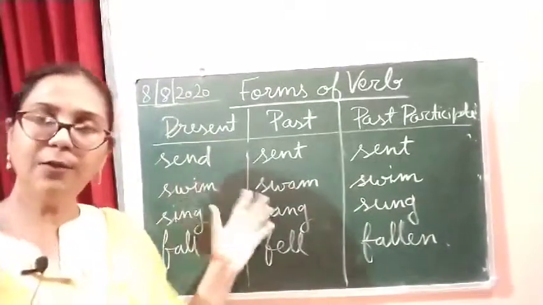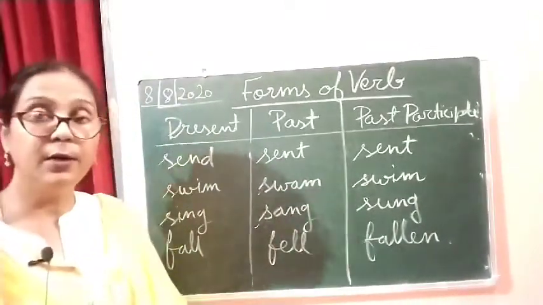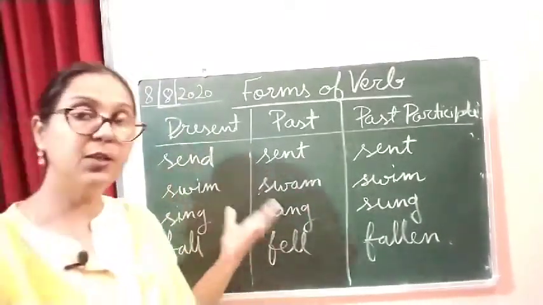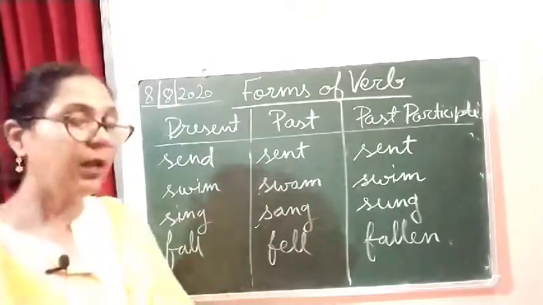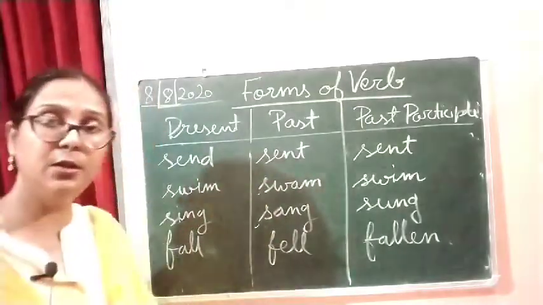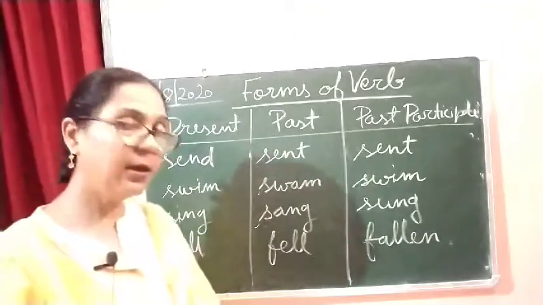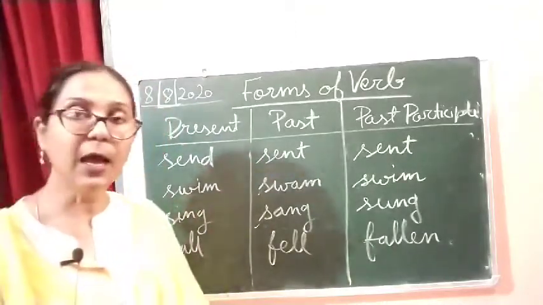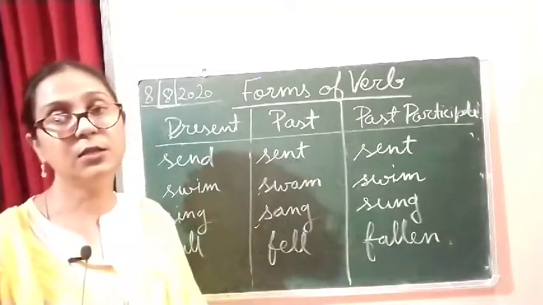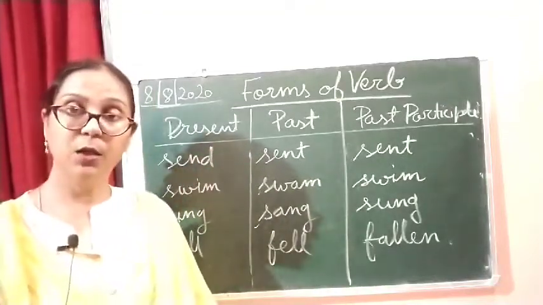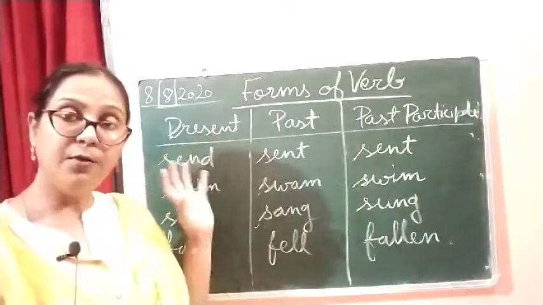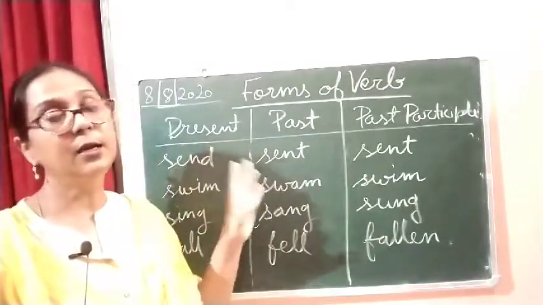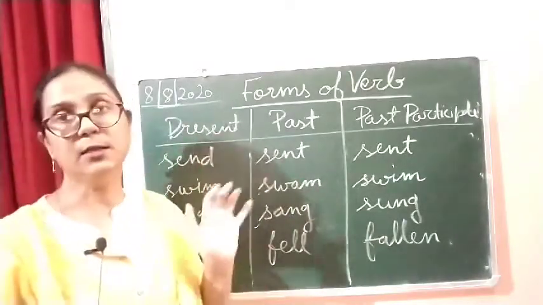I have written only a few words, or you can say these are the verbs, but in your Cordova Publication Mastering Grammar book you can find this on page number 76, and you have to learn this because it is very important for you to write the grammar properly in the particular tenses.